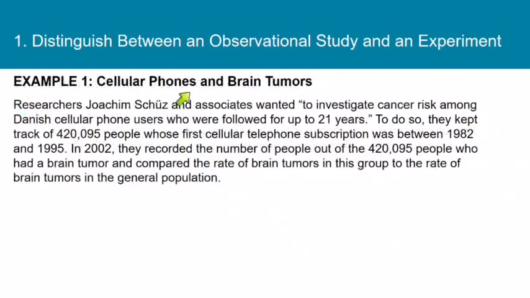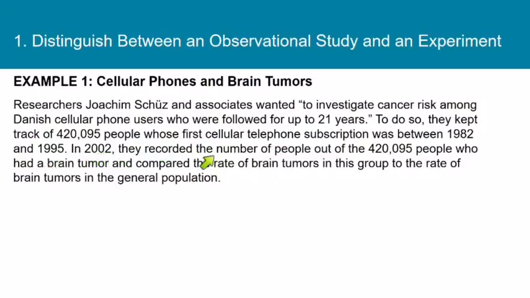So now let's read through this situation together and see if we can decide whether we are looking at an observational study or a designed experiment. It says the research team wanted to investigate cancer risk among Danish cell phone users who were followed for up to 21 years. To do so, they kept track of 420,095 people whose first cell phone subscription was between 1982 and 1995.